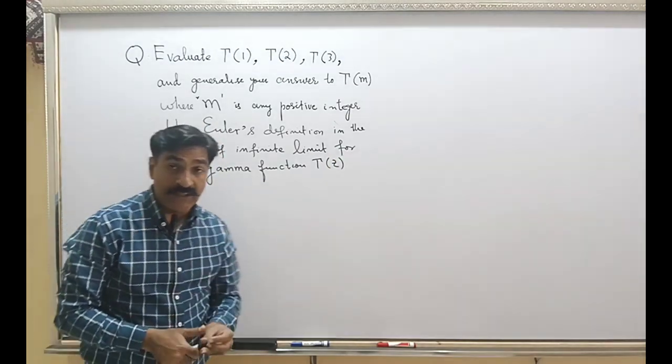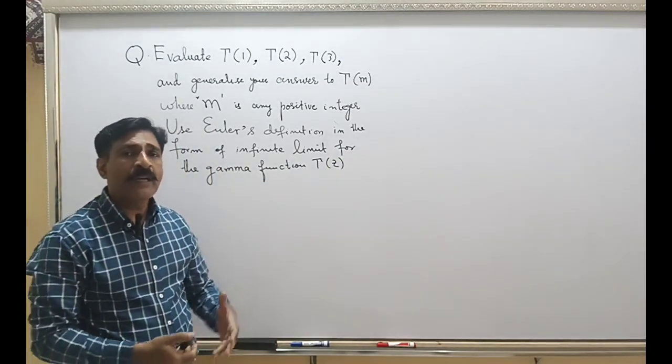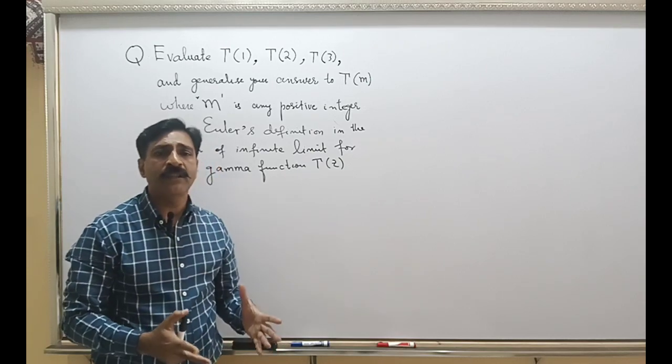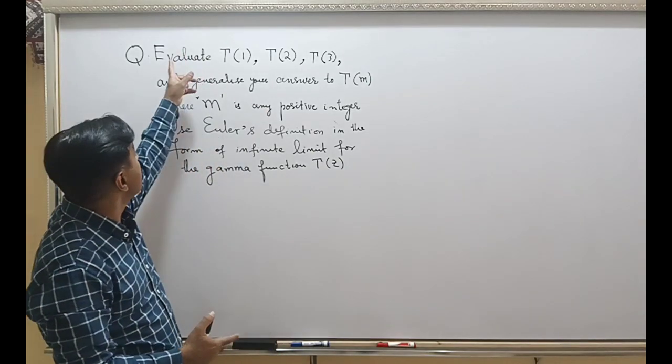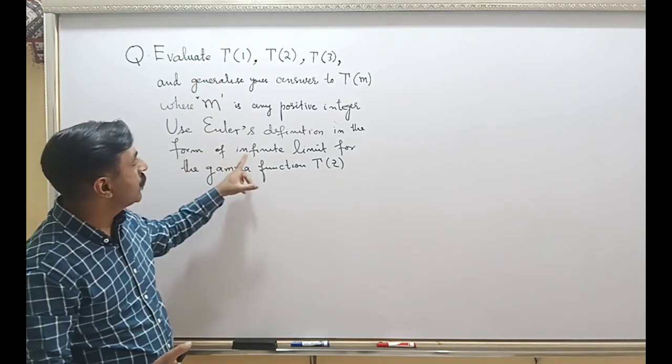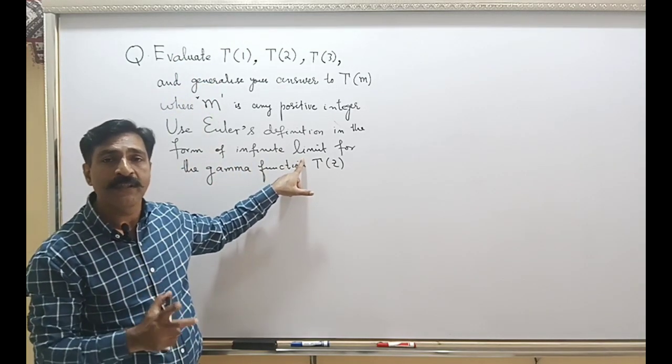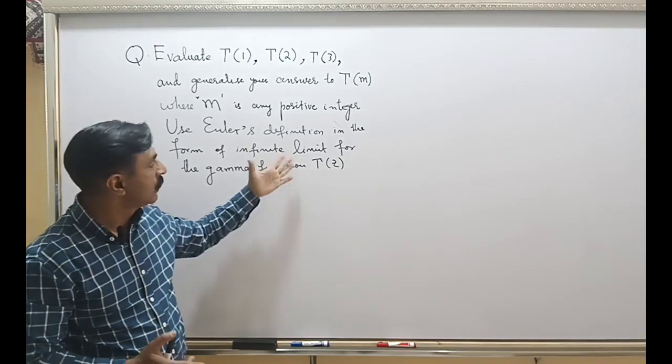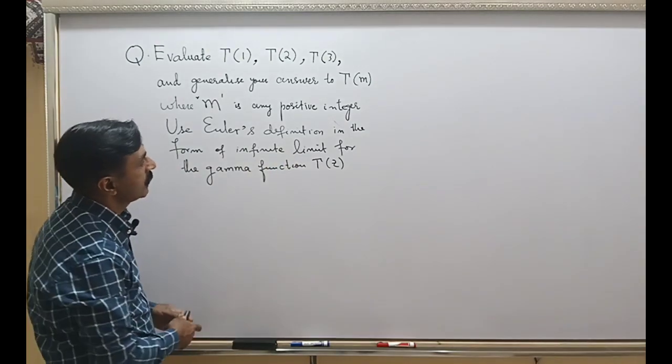You have been restricted. I have told you there are at least 3 different definitions of the gamma function, but in this question, you have been restricted to use the infinite limit form of the definition of the gamma function. So let's start the solution.